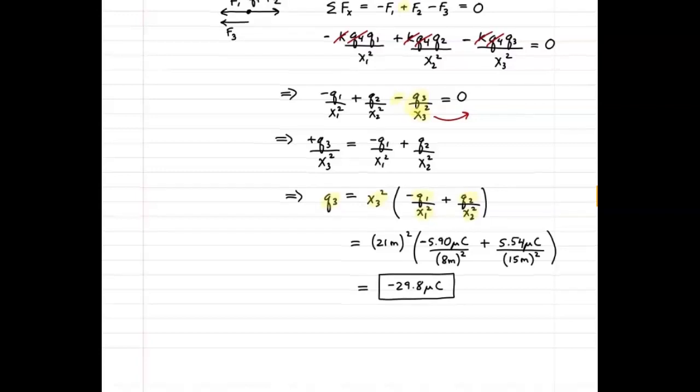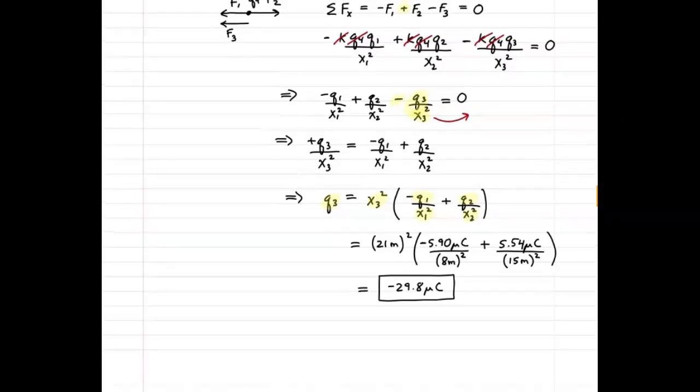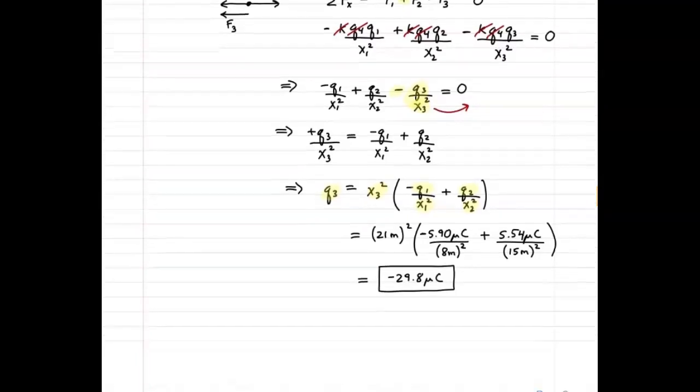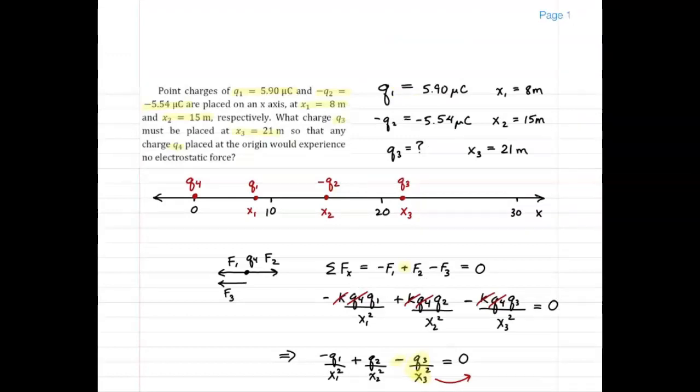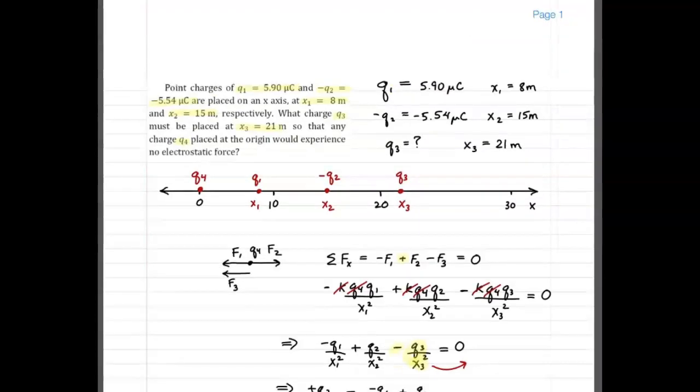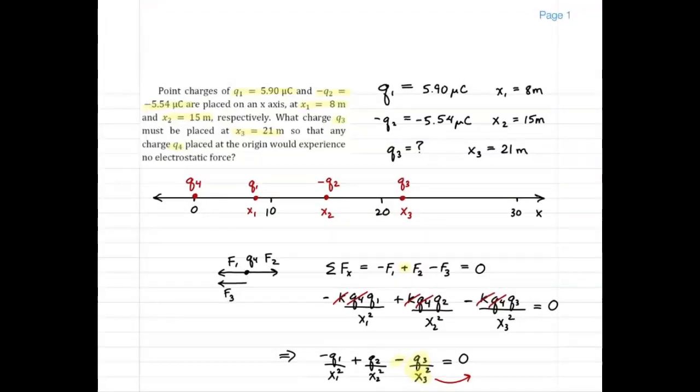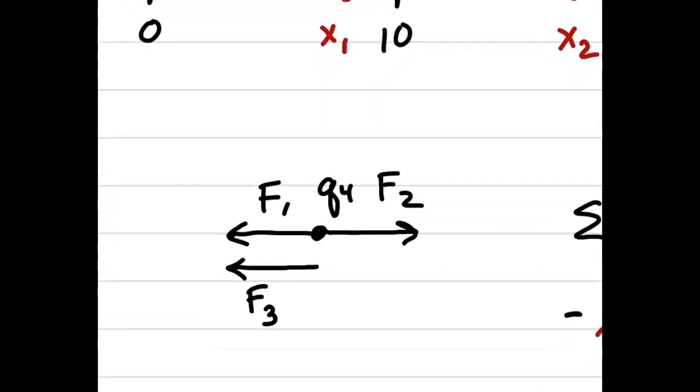So you notice that even though we assumed Q3 was positive and did all our math and physics, the final answer is negative. What this means is when we originally looked at the force on Q4, we said that the force for Q4 is to the left, but actually since it's negative, it's actually going to the right. It's attracting Q4.